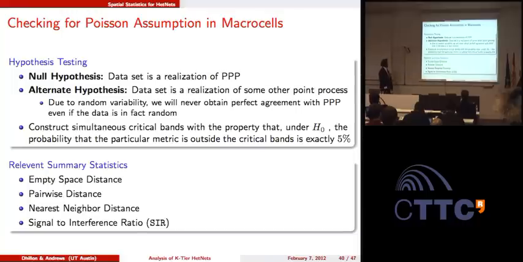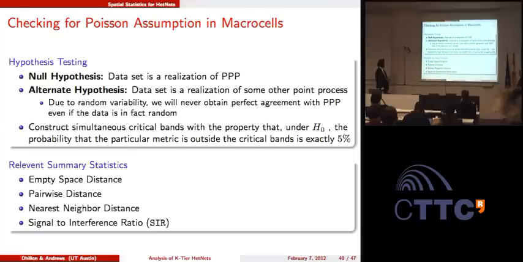So let's check if that complies with the Poisson assumption or not. We will be doing classical hypothesis testing. You define your null hypothesis as the following, that your data set is a realization of a Poisson point process. And you define your alternate hypothesis in which you say that your data set is a realization of some other point process which is not Poisson.